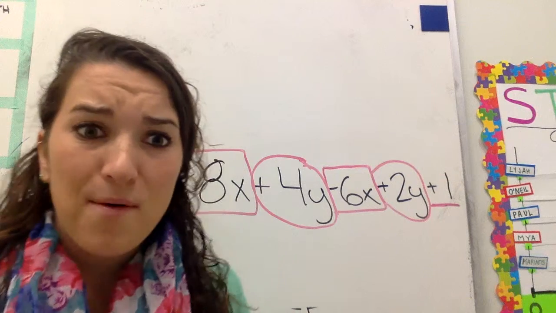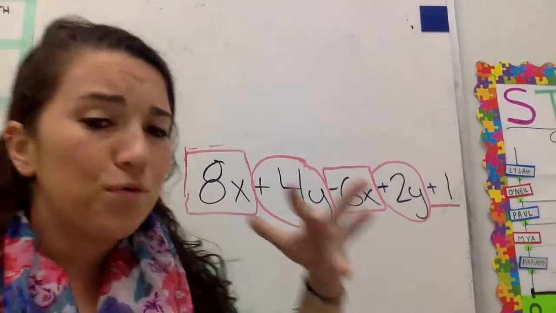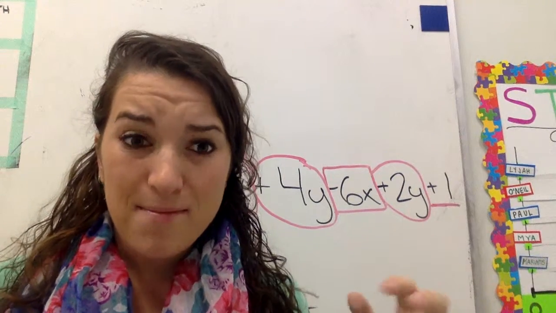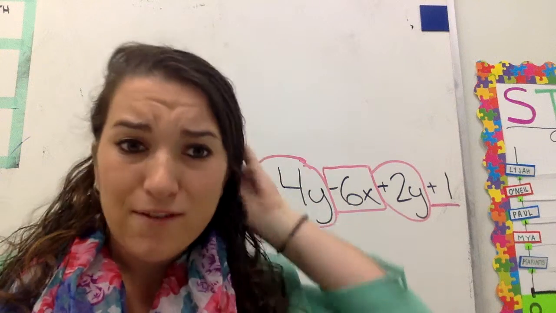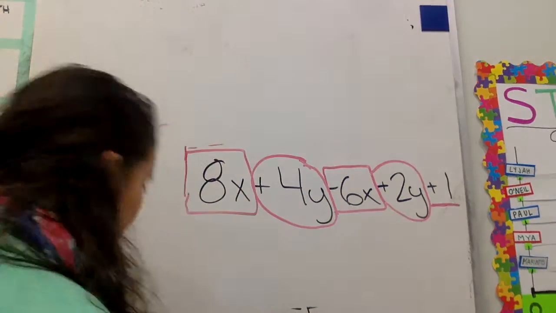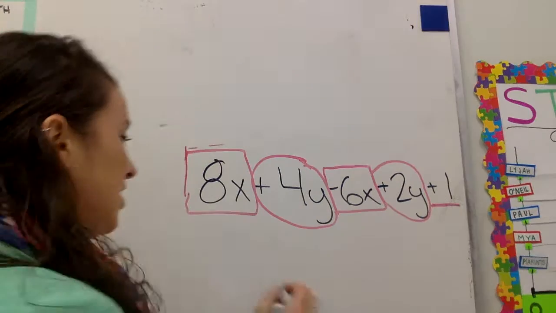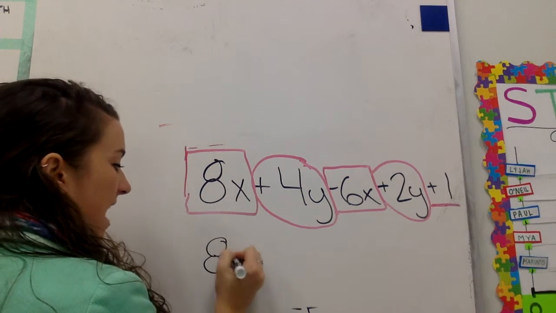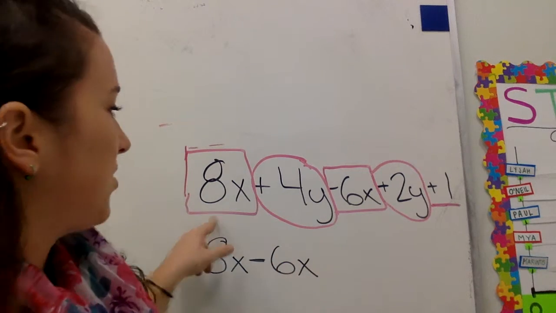All right, now, before I combine them, I'm going to rewrite this expression, grouping the terms that are the same, or grouping the like terms, so that it's going to make it easier for me to add up in the end. So first, I'm going to group everything that has a square around it, all the x's. So I'll have 8x minus 6x, because those are my two terms.